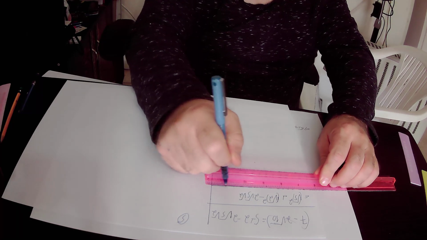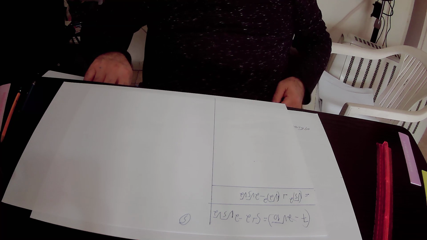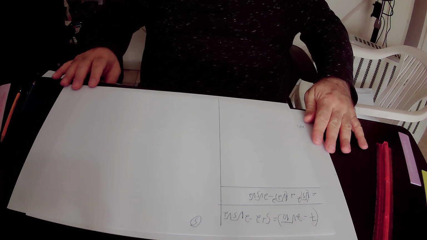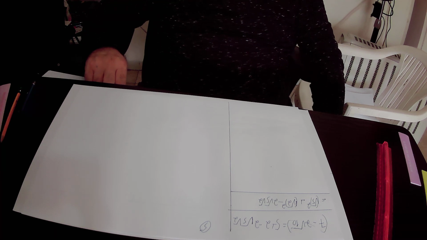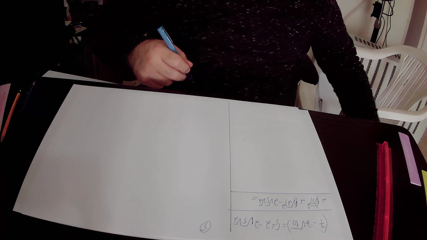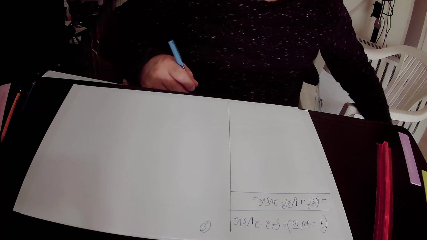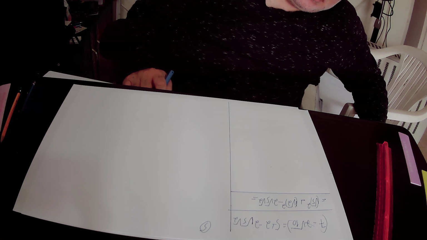Actually, the expression square root of 5 squared plus square root of 2 squared minus 2 times square root of 5 times square root of 2 is very similar to the algebraic identity that states that a squared plus b squared minus 2 times ab equals a minus b squared.